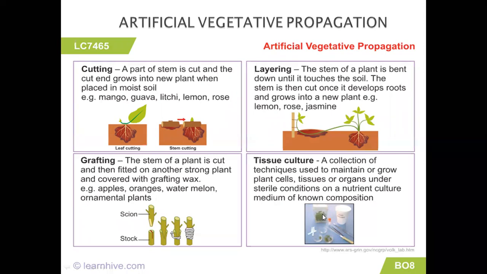And when they grow, they can make a new plant. This is called tissue culture. This is done by biotechnological techniques.